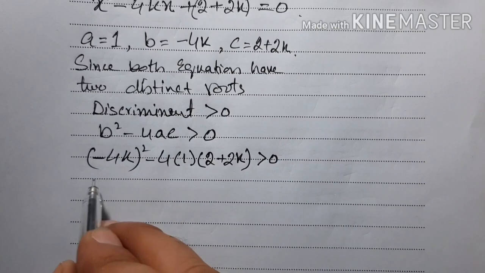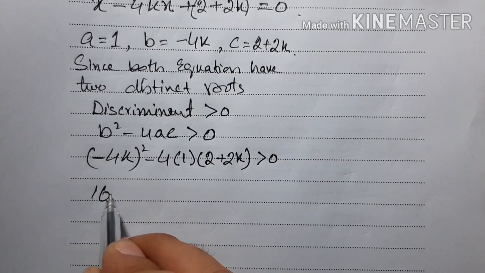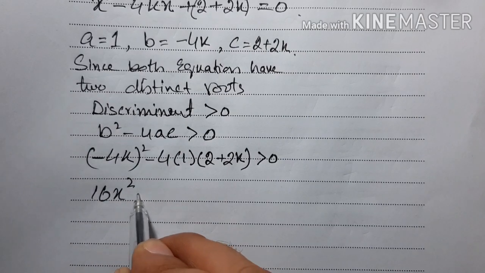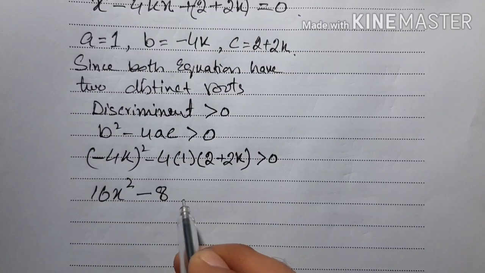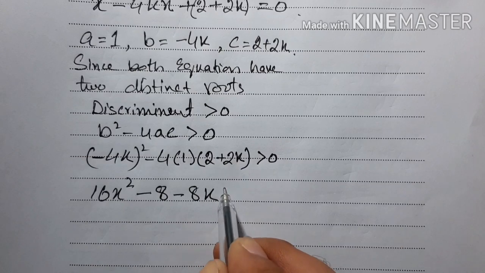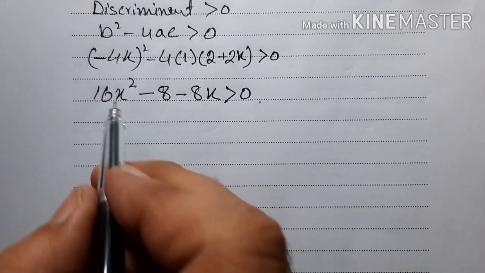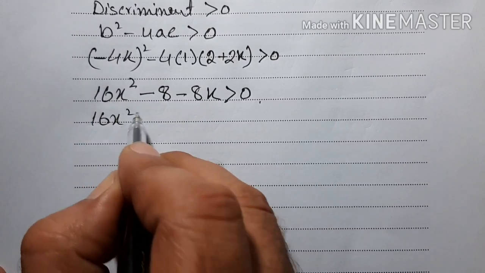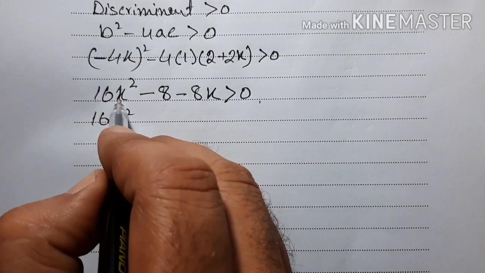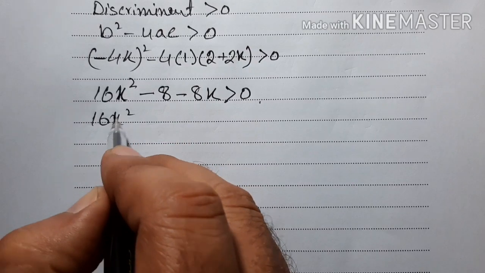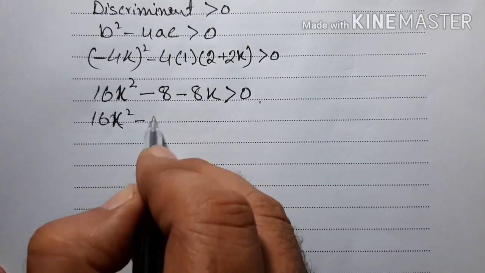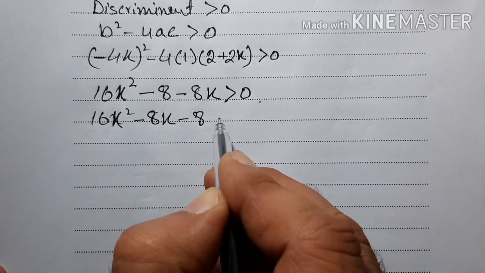And this will be written as 16k square minus 8 minus 8k is greater than 0. Or I can rearrange it like 16k square minus 8k minus 8 greater than 0.